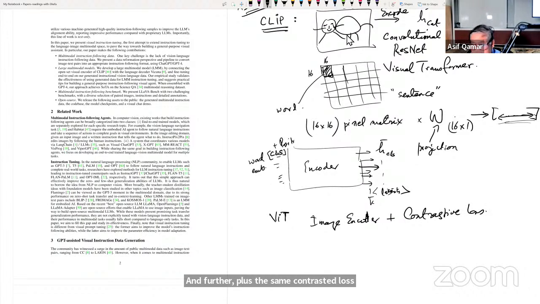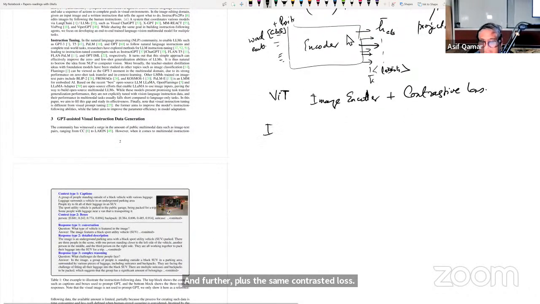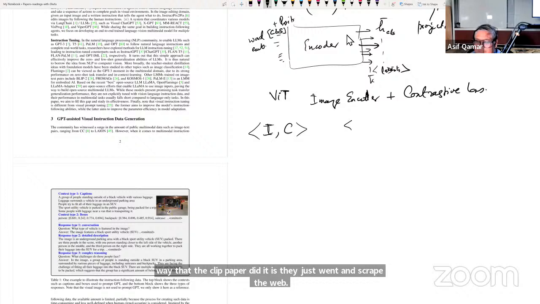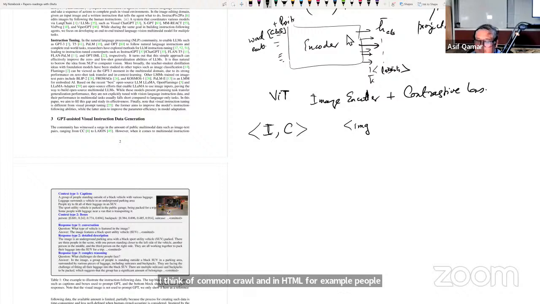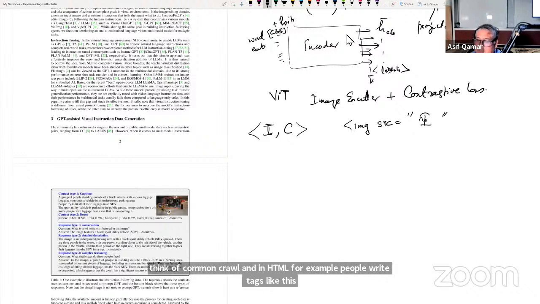what you can do is you can say, hey, given an image and given a caption associated with the image, suppose you have data like this. And how in the world can you get data in which you have image and caption? And how can you gather that at web scale? One easy way that the CLIP paper did it is they just went and scraped the web. Think of Common Crawl. And in HTML, for example, people write tags like this: img src is equal to blah, blah, blah, some image.